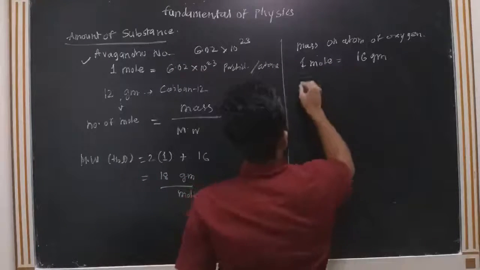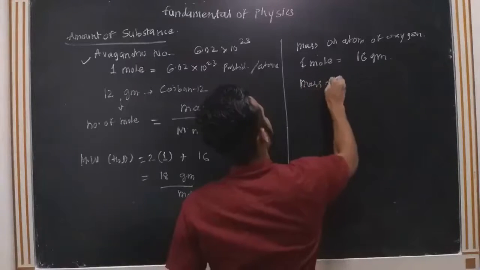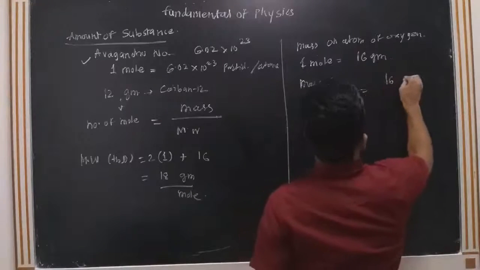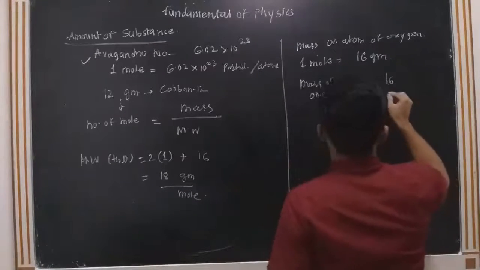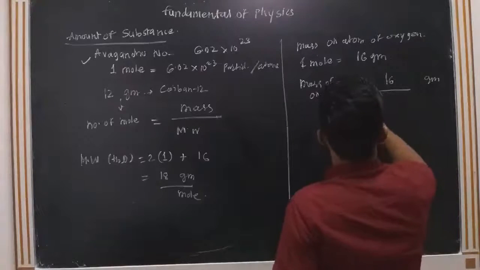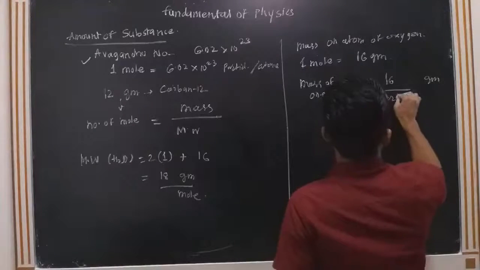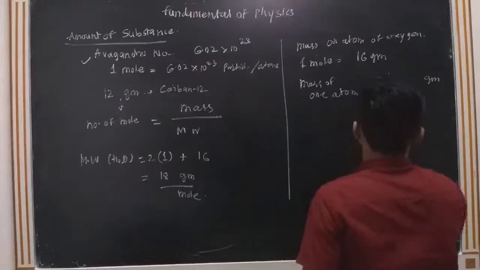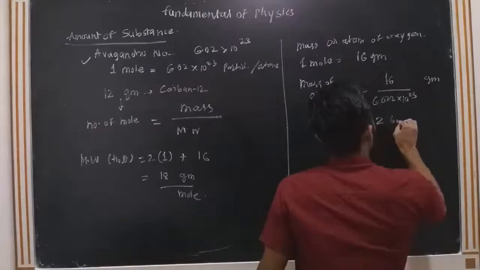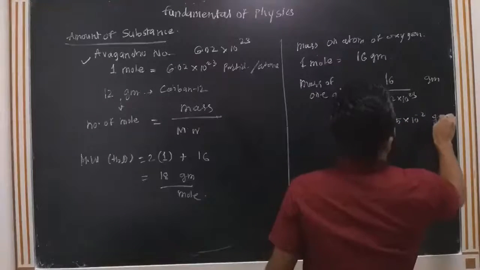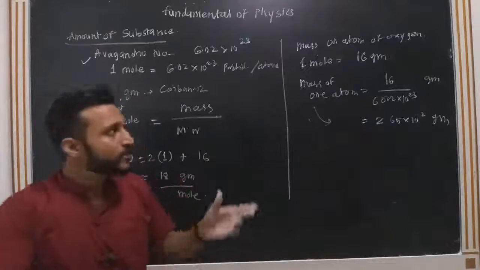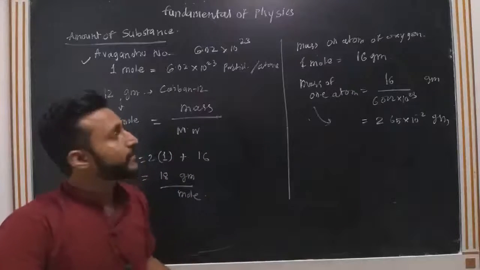Therefore mass of one atom is equal to 16 gram upon 6.022 × 10^23 atoms. So 16 upon 6.02 is about 2.65 × 10^-23 gram. So this is the mass of one atom of oxygen. Similarly, we can find out the mass of any atom of any element.